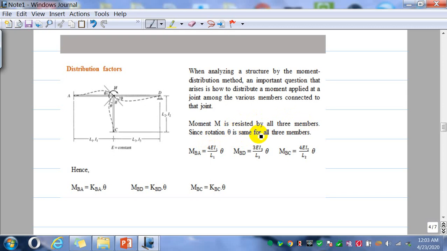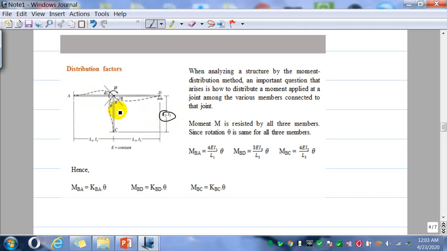Since the rotation theta is the same for all three members, look at this member C, where the far end is fixed. If there is a moment M, then the component MBC, looking at CB, C is fixed and B is an internal point, so MBC is 4EI2 over L2 into theta, where this is L2 and I2.